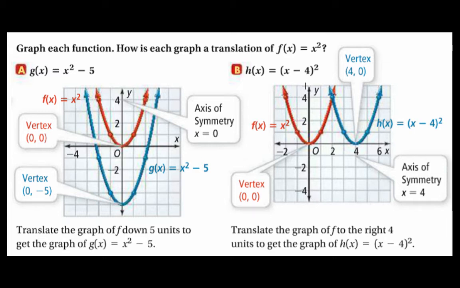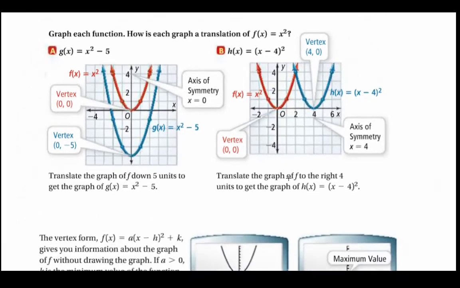In this case, I'm going to be translating to the right 4 units. So the red curve is my parent function, and the blue curve is my new function, h, translated to the right 4 units. And again, I would just go point by point. I could translate the axis of symmetry if I wanted to see where that is, and then get some other points translated over to the right 4 units to see where my new function h is.